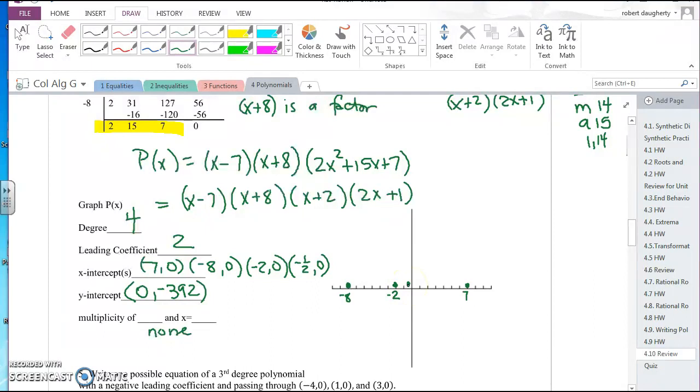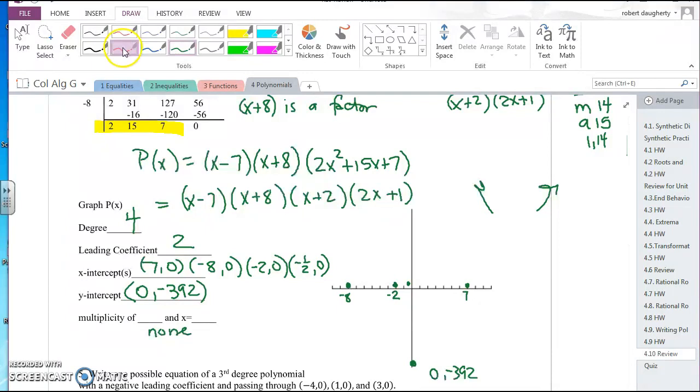Now this is an even degree and leading coefficient positive. I know it's going to look like this on both of the endpoints. Okay, and the y-intercept is negative 392, so that's somewhere way down here. Can I start at the top, cross, cross, cross, and then come down to the y-intercept and go up?